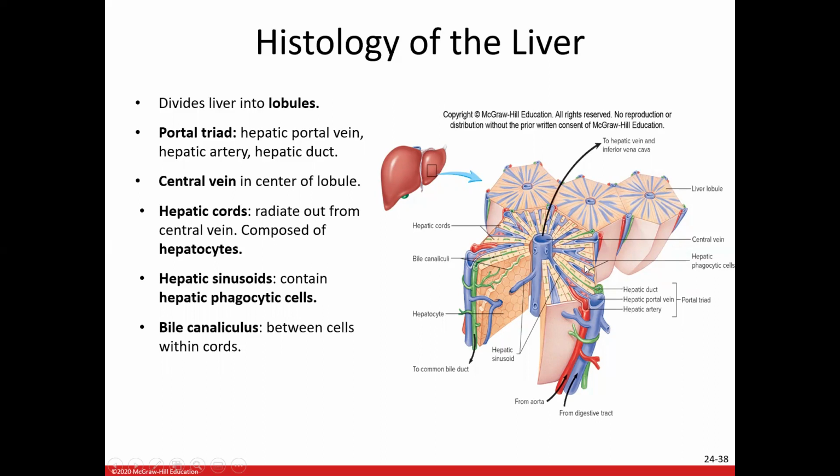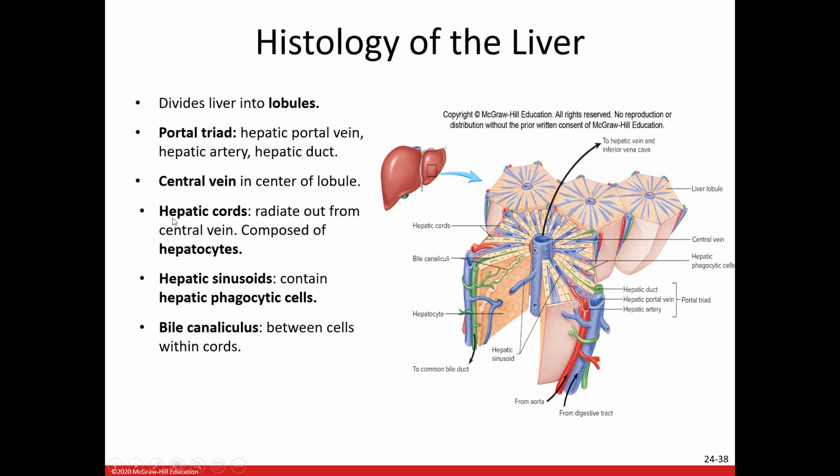And then we have what's called a portal triad at each corner of the hexagon. And the portal triad contains 3 pieces: a hepatic duct for bile, the hepatic portal vein, and then the hepatic artery. At the center of each hexagon, you have a central vein. This is ultimately what's going to lead to the inferior vena cava, carrying blood back to the heart.